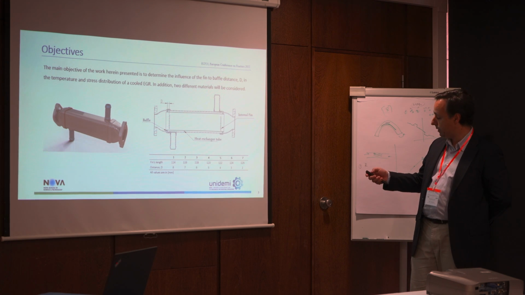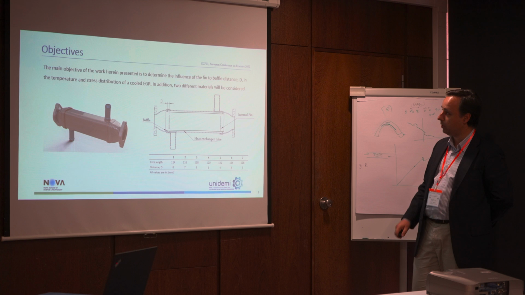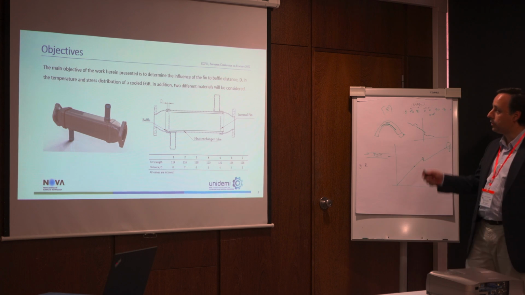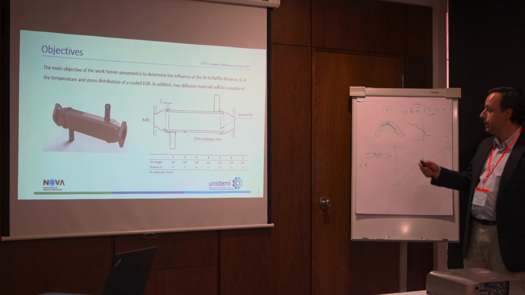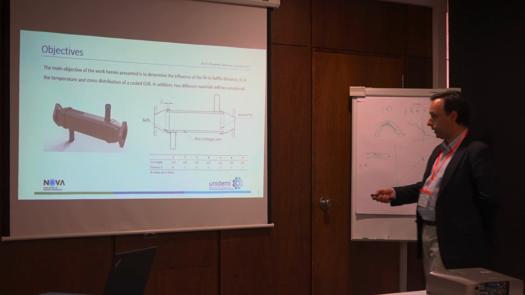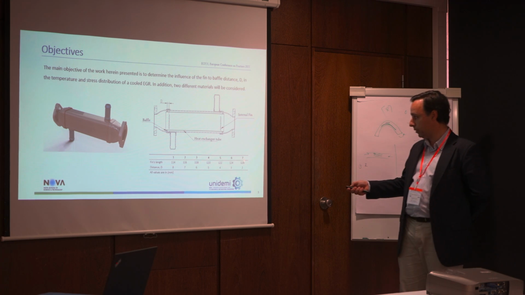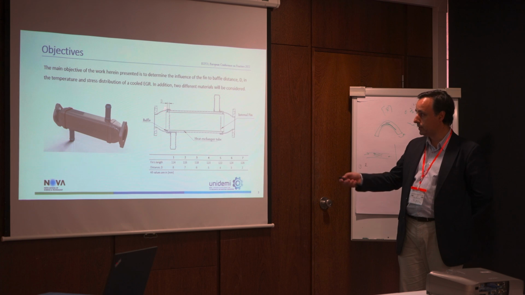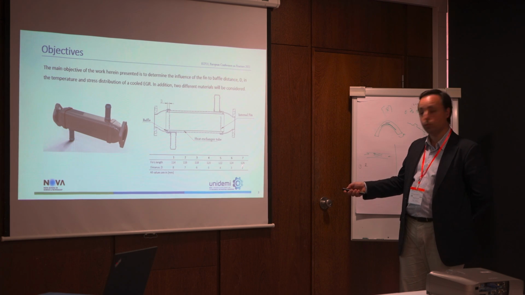So the objective is to determine the influence of the fin to baffle distance, namely this variable d, on the temperature and stress distribution of a cooled EGR, and two materials will be considered. The fin's length will range from 114 millimeters to 126 millimeters, and the distance d will range from 8 to 2 millimeters.